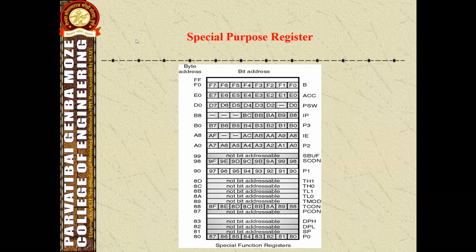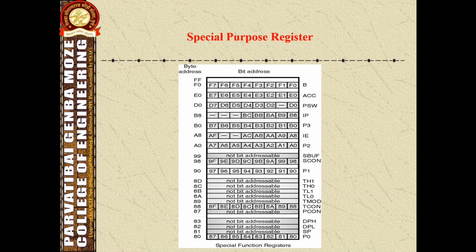Now see the special function registers, also called special purpose registers. The special function registers are placed in the address space immediately above the 128 bytes of RAM, from addresses 80H to FFH. The special function register memory consists of important registers like the accumulator, register B, interrupt control registers, PSW, timer and counter, power control, 4 I/O ports, and serial control.